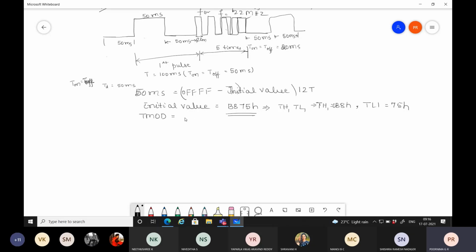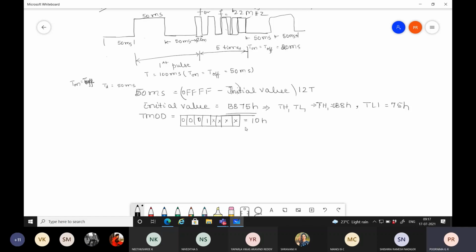TMOD for timer 1 in mode 1: these 4 bits are don't care because timer 0 is not being used, whereas timer 1 in mode 1 is 0 1, and this is 0 0. So it gives a value of 10H.